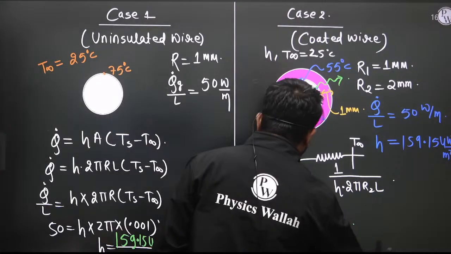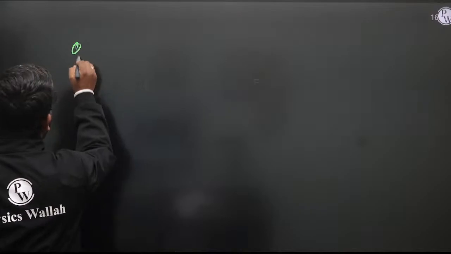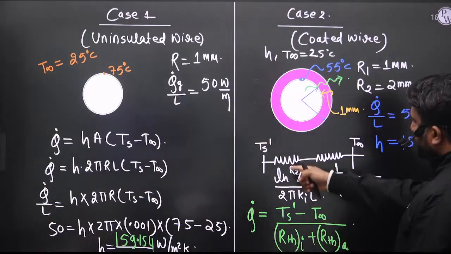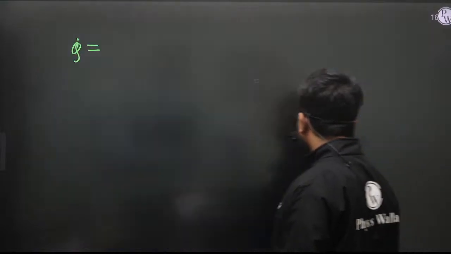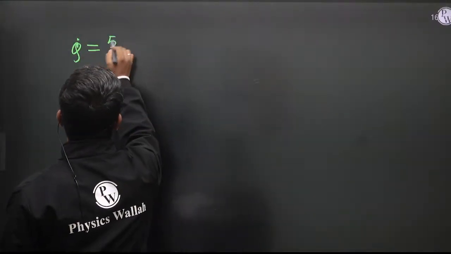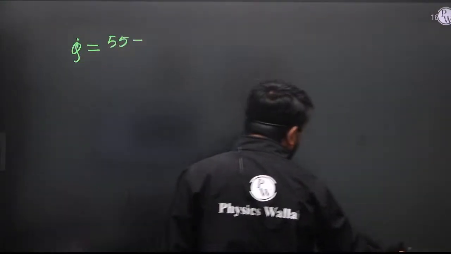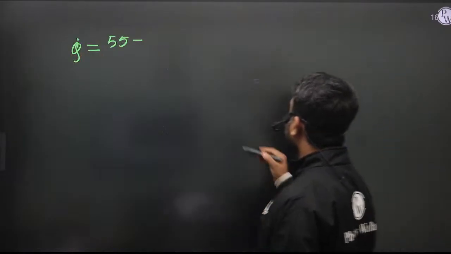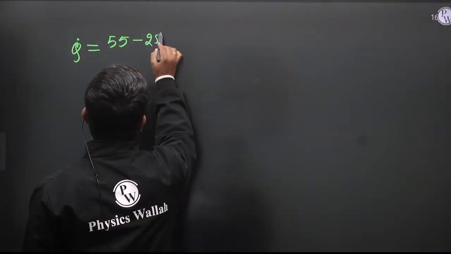Fine. Now Ts dash is mentioned, that is 55, minus T infinity, which is the same as the previous case, that is 25.